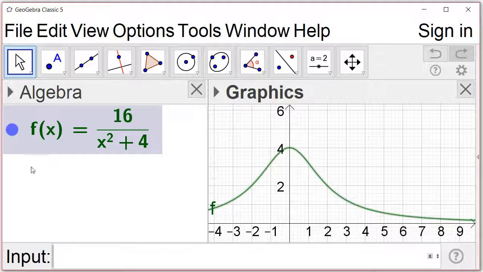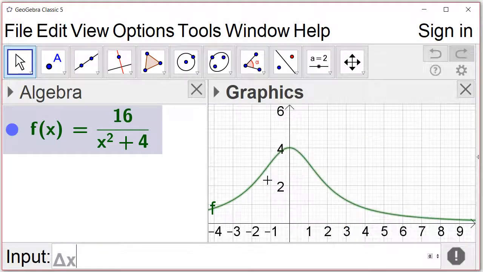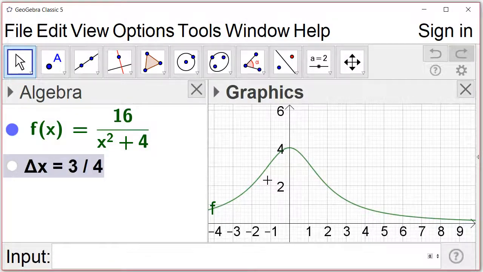Now GeoGebra knows what the function is. Then I'm going to figure out delta x. Remember that it's 3 minus 0, divided by 4, so 3/4. Using the midpoint rule, I open a parentheses, and the first term is f of x1 bar, where x1 bar is 3 over 8.